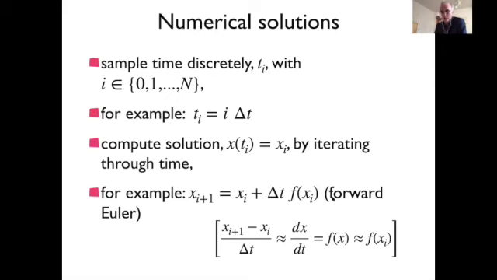This is the simplest numerical algorithm that's called the forward Euler approach, because Leonhard Euler actually invented this approach. Actually, I'm not sure he did, but the name is attributed to him. And this is not an approach that you would usually use because it's not very efficient. We do that for reasons I will talk about later.